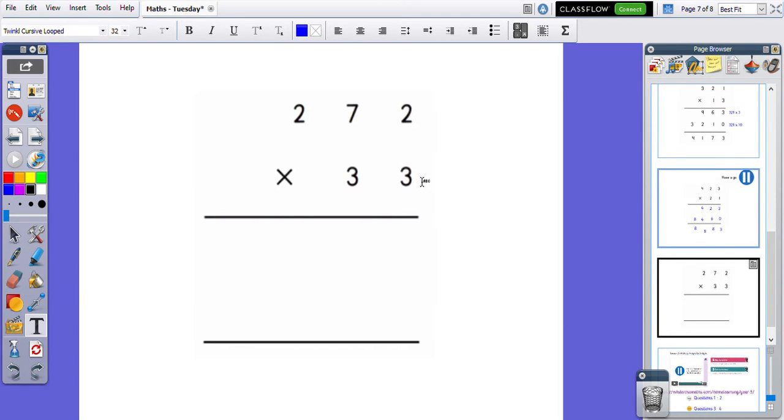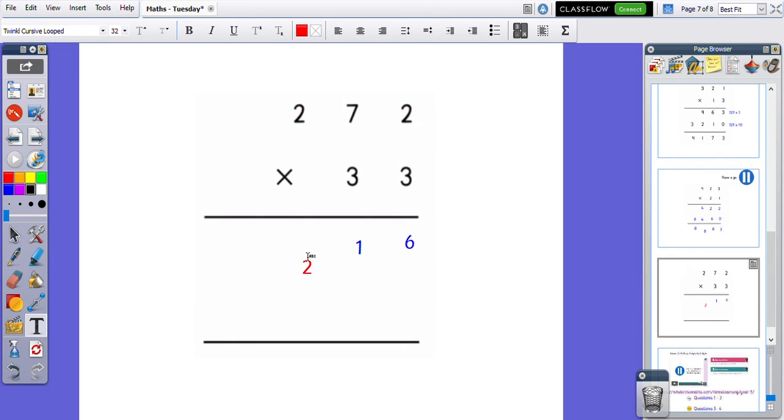Okay, so you should have started with 3 times 2 to give you 6, 3 times 7 to give you 21. So remember, we keep the 1 there, and this time we need to carry our 2. Okay, so that's the 2 we've carried, so we don't forget. Then I'm going to do 3 times 2 to give me 6.